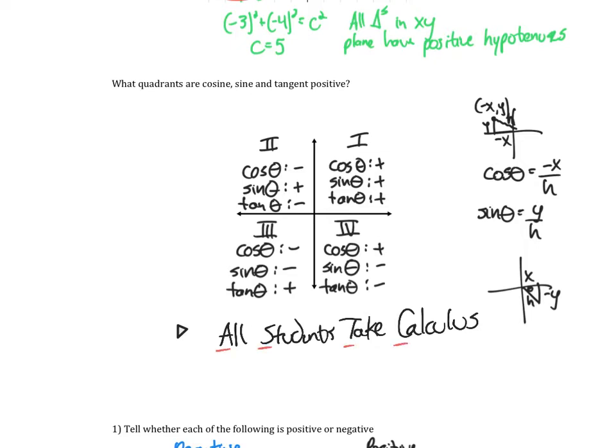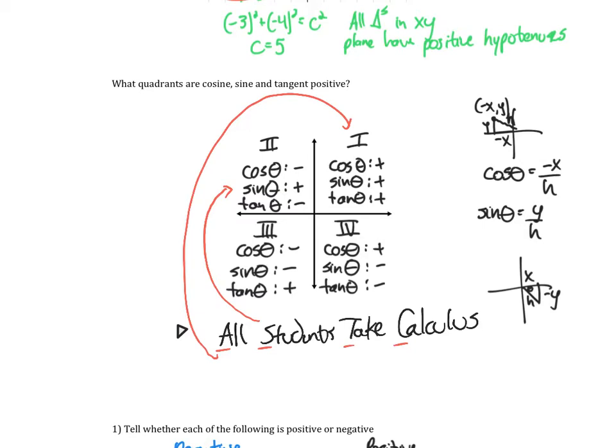So when you think about this, the A in all represents that all trig functions are positive in quadrant 1. The S in students represents that the only positive thing is sine. Well, cosecant would be too, but we're just thinking about the 3 main trig functions.